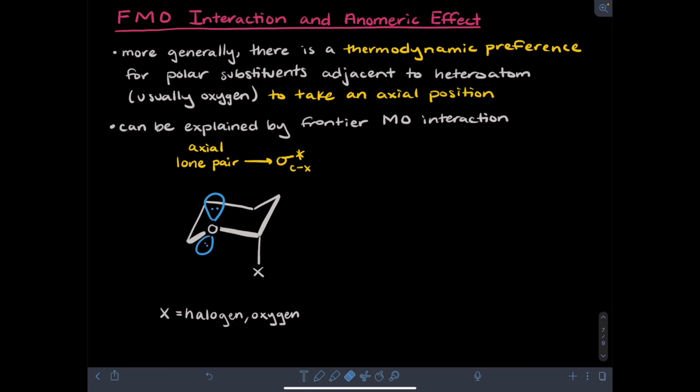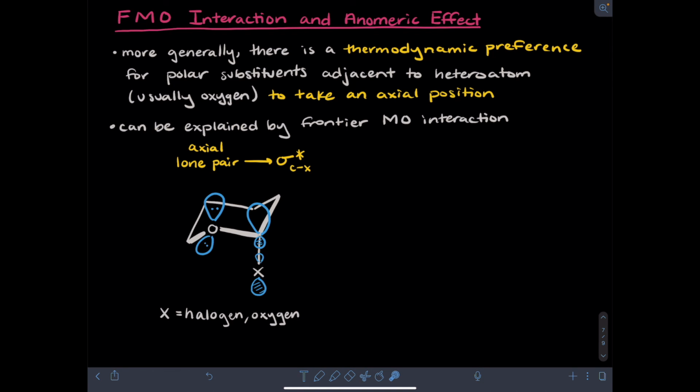So here I've tried to show the two different lone pairs of my oxygen. This one pointing straight up is my axial lone pair, and this one pointing out to the side of the ring is an equatorial lone pair. Now I've added my sigma star orbital for my CX bond, specifically with X occupying the axial position.